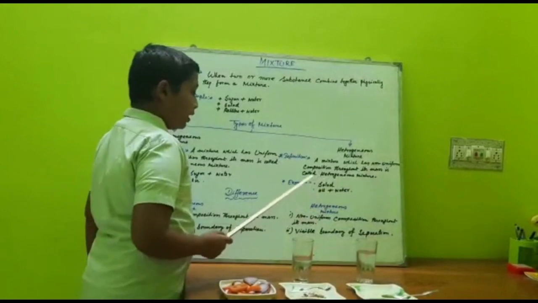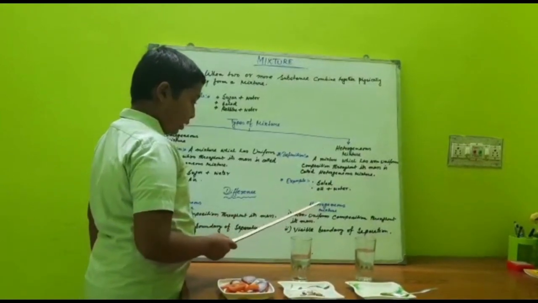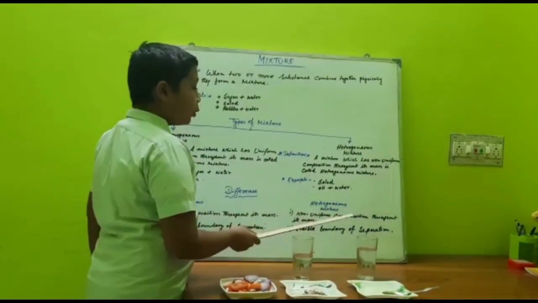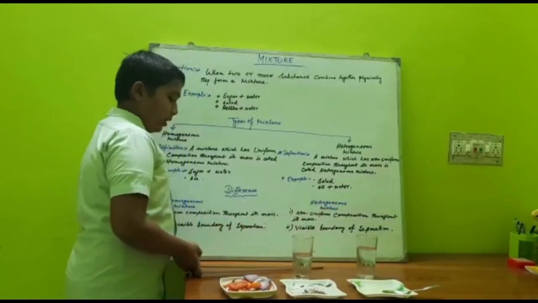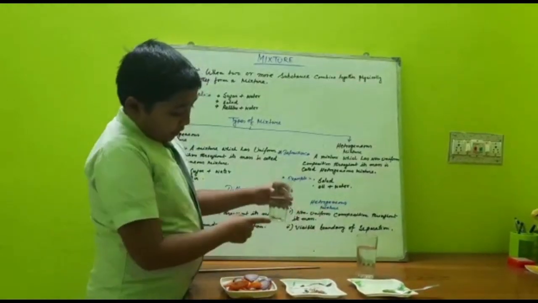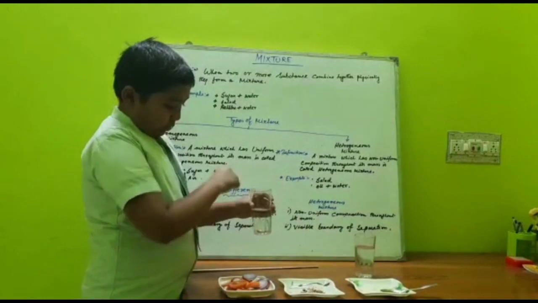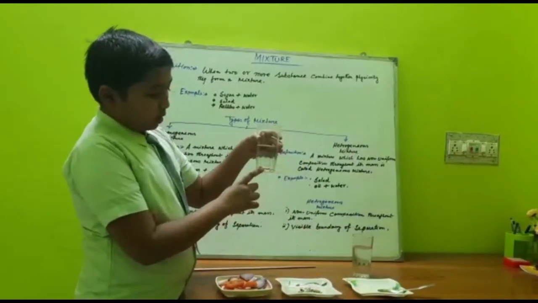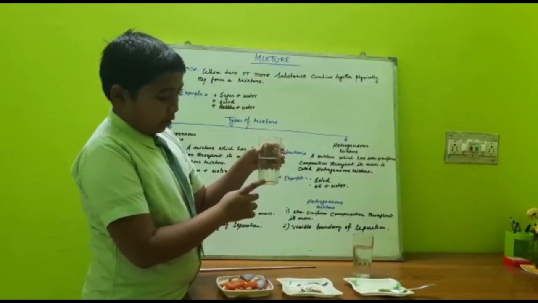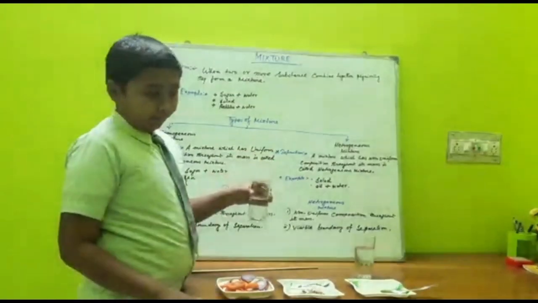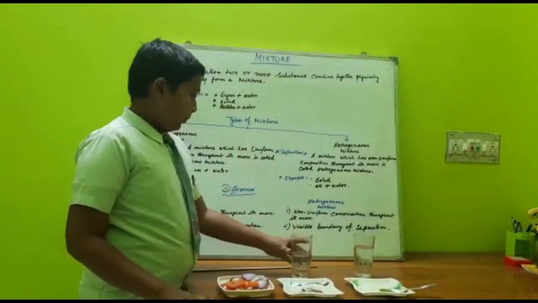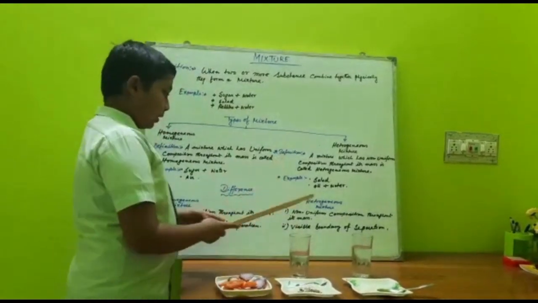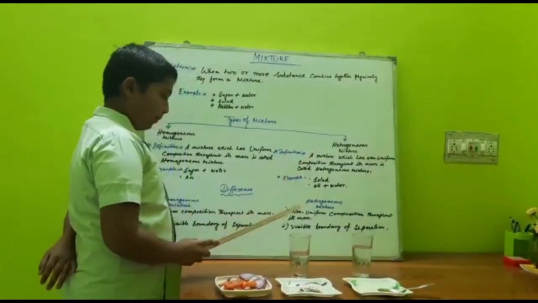Now, but the heterogeneous mixture has non-uniform composition throughout its mass. Means when I put the pebbles and when I have stirred it, you can see then also pebbles are remaining. They are not dissolving at all. So it is also a part of heterogeneous mixture.